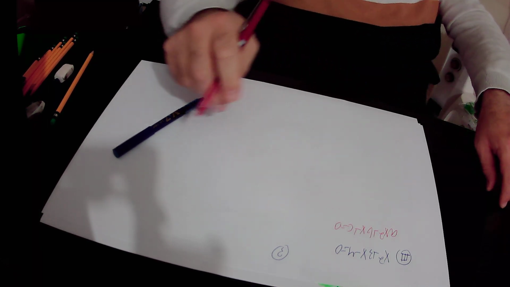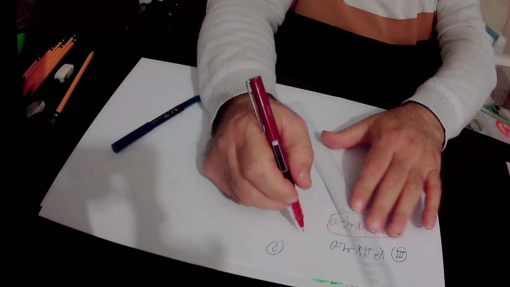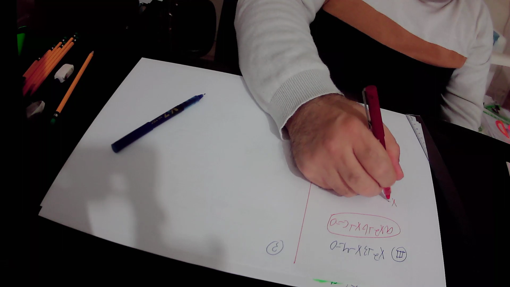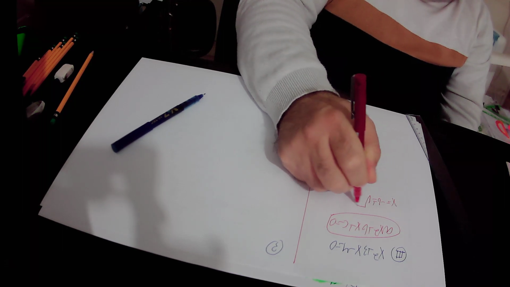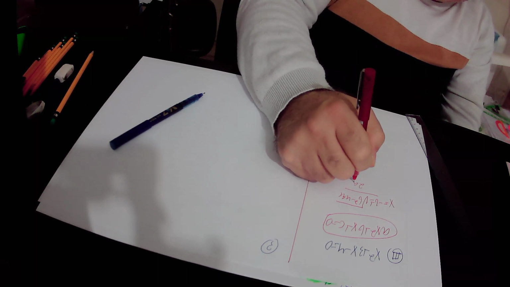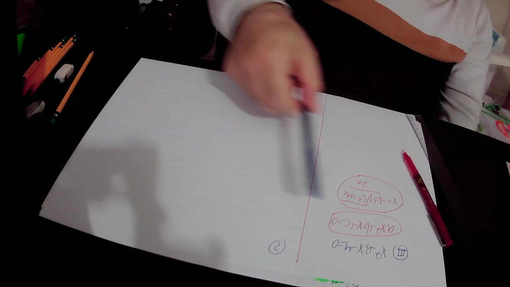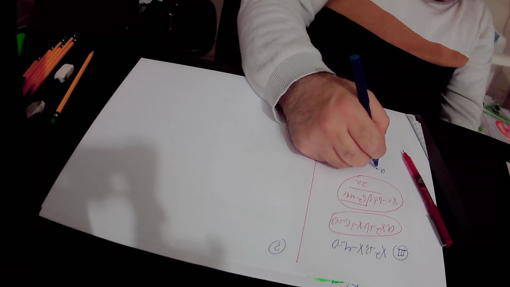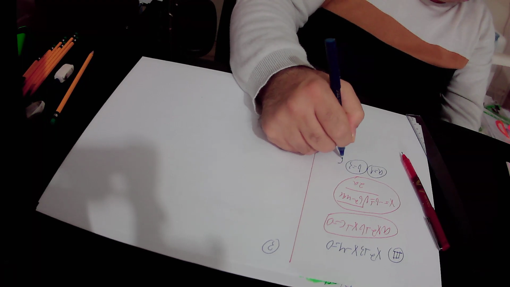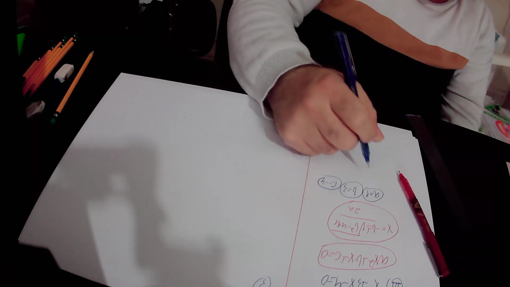Here a, b, and c are the coefficients of the quadratic equation, and x is the variable that we are looking for. And we will find the value of x according to the following formula. x is equal to minus b plus or minus square root of b squared minus 4ac, over 2a. In our specific quadratic equation, a is equal to 1, b is equal to 3, and c is equal to minus 4.